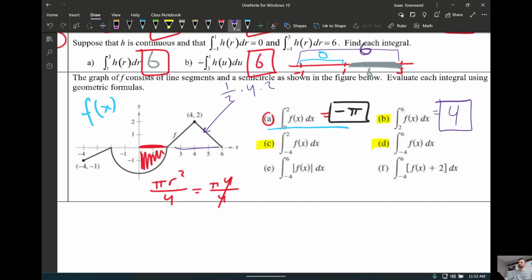Okay, for part C, you would need the area from -4 to 2, so you're going to have to split that up over multiple parts. This was a triangle. 1/2 base times height gave me 1, but since the area is below the x-axis, that's -1. If I had figured out that this was -pi, personally I like to write it in here, then this is the same amount of area.